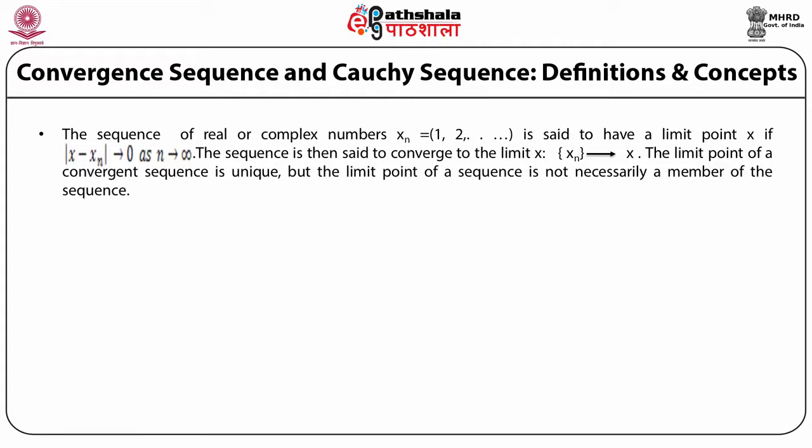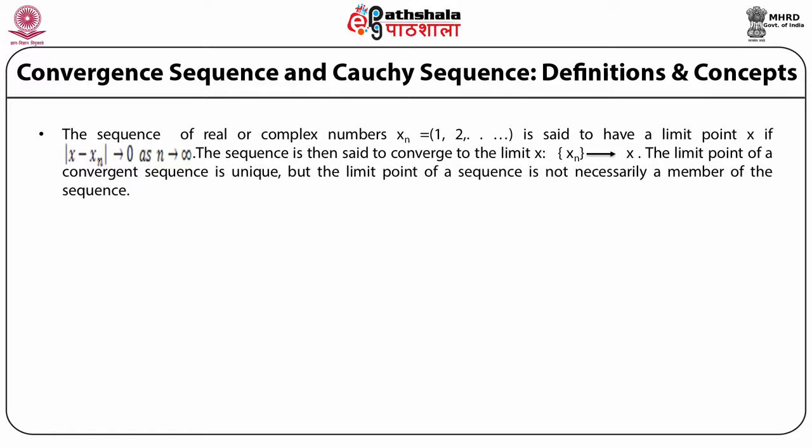The sequence is then said to converge to the limit x, or mathematically, the set of complex or real numbers xn, which is denoted by xn within curly brackets, tends to the point limit x as n tends to infinity.